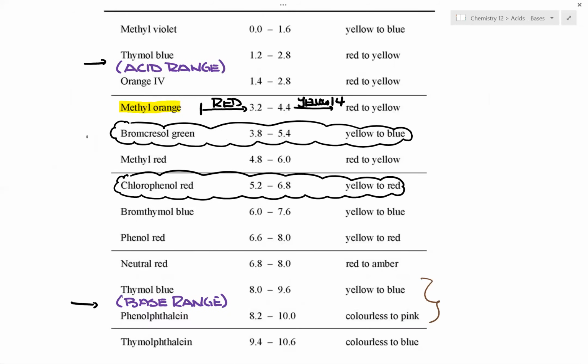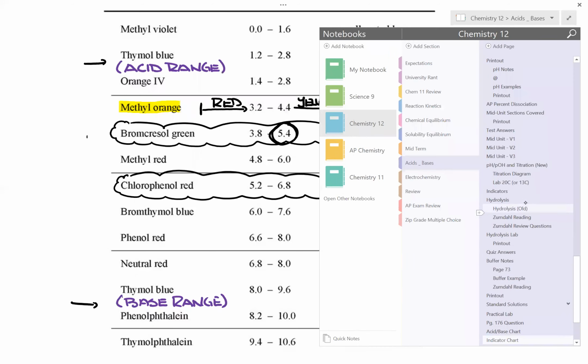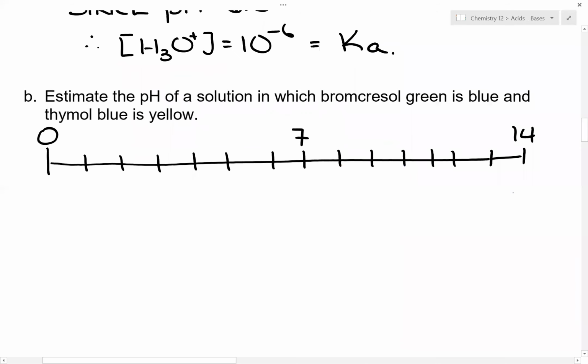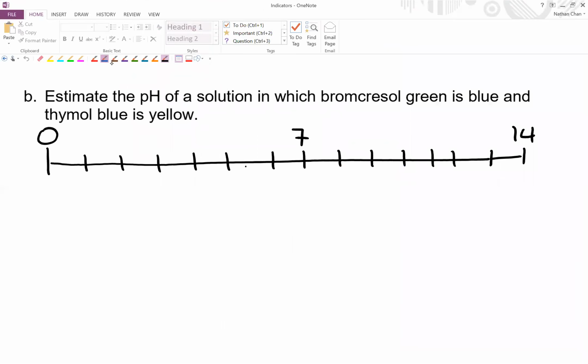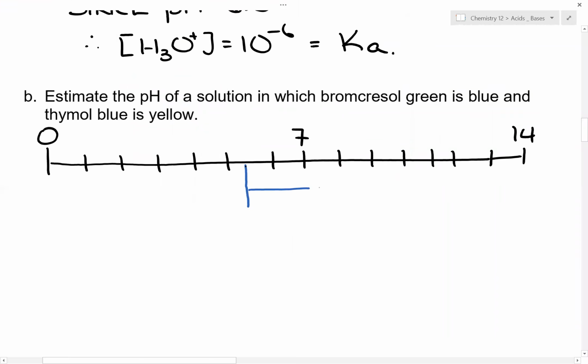Blue means 5.4 and above. So here, I'm going to put it in blue. So we know everything from 5.4 and above will be blue.